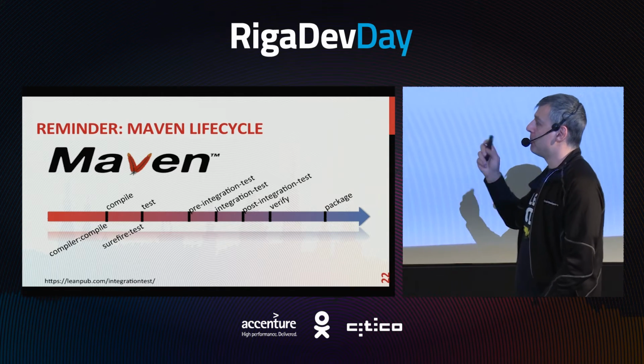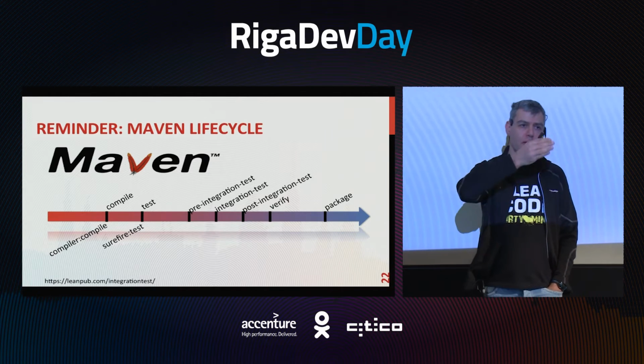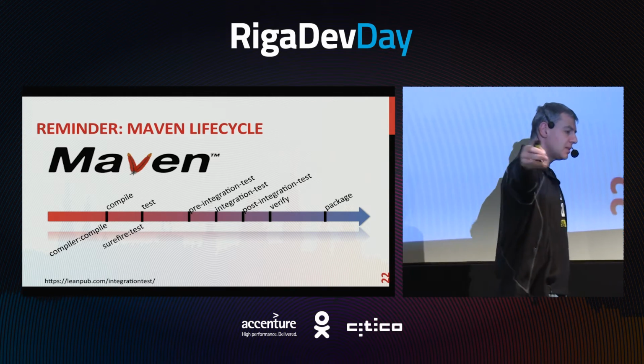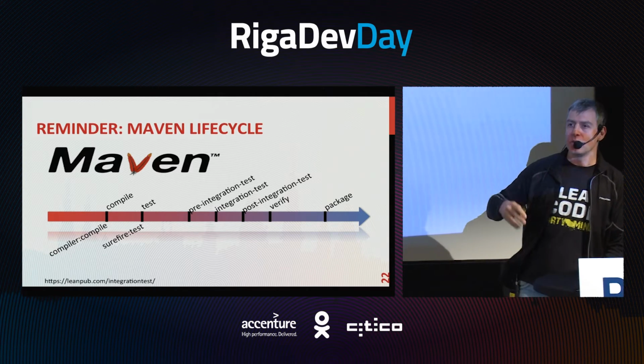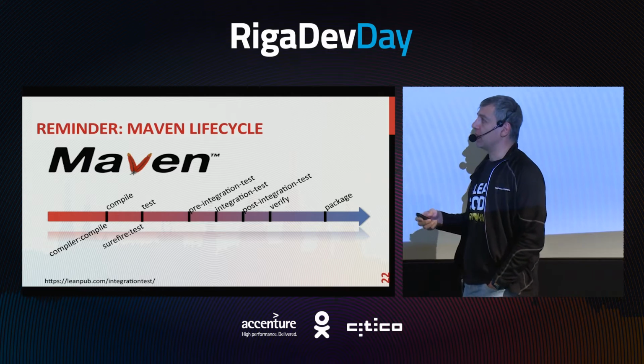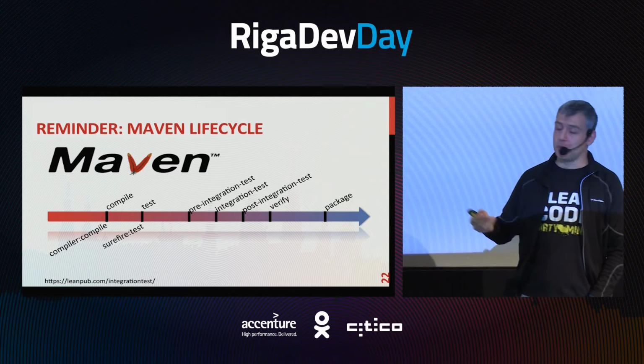So just a reminder, this is the Maven lifecycle, and you know there are phases. Each one has to be run in a sequence, and at each phase some plugins might already be attached, like for example when you compile, then you will call compiler.compile.